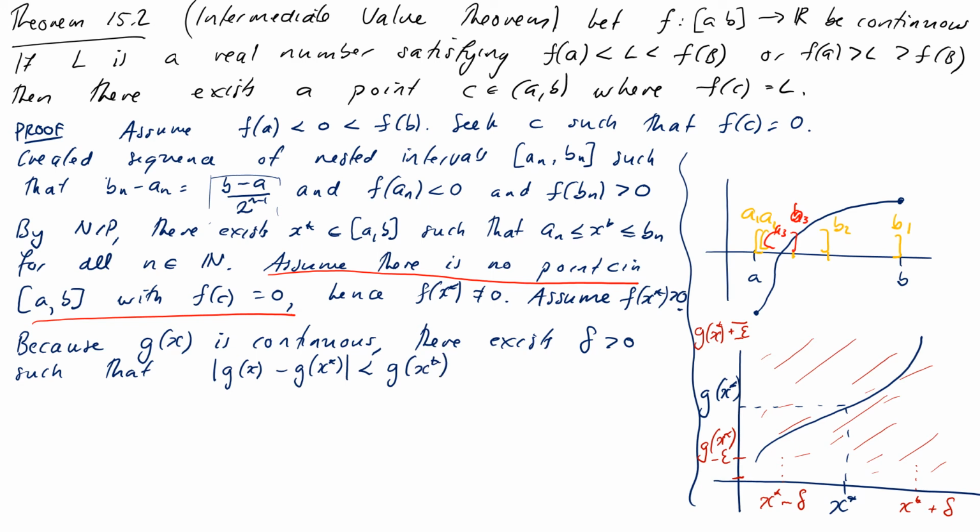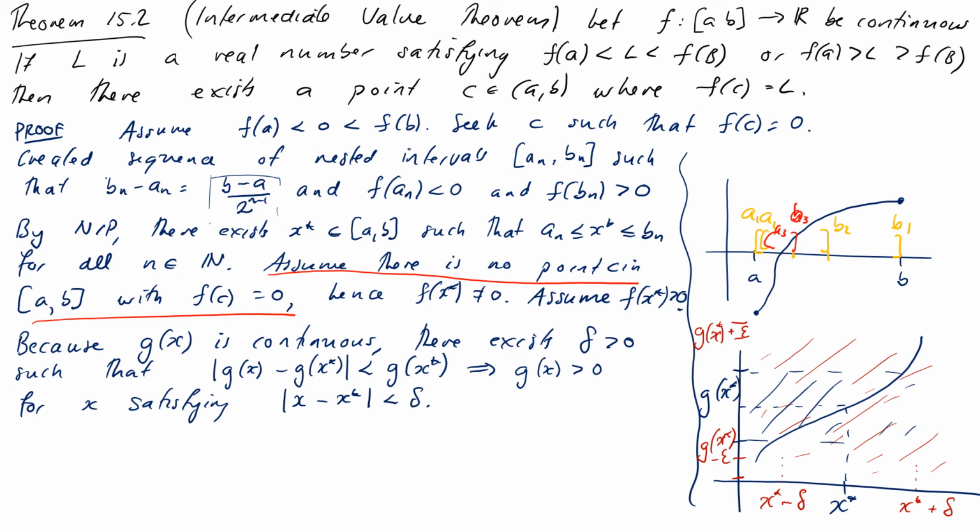You could make it g of x star over 2 if you want to really push the point home and squish the function into this band here, but g of x star will do the trick, and that in particular implies that g of x is greater than 0 for all x satisfying absolute value of x minus x star is less than delta.